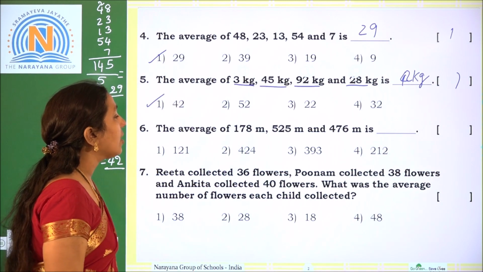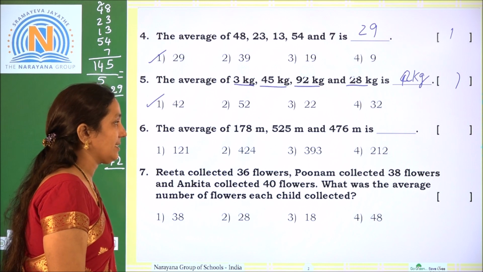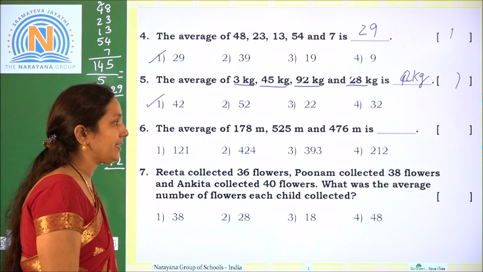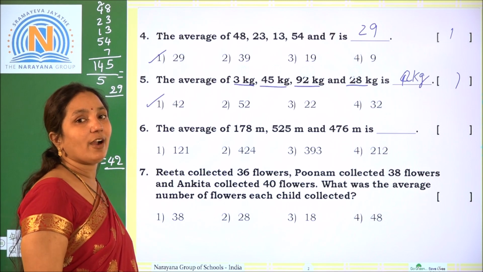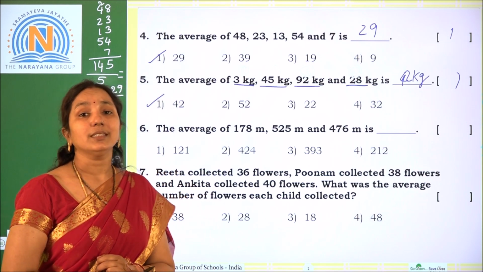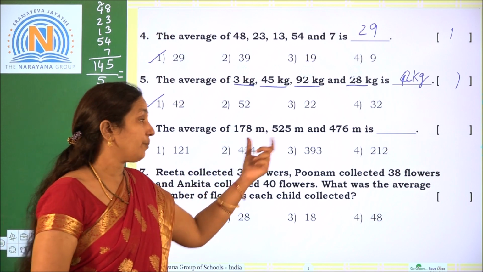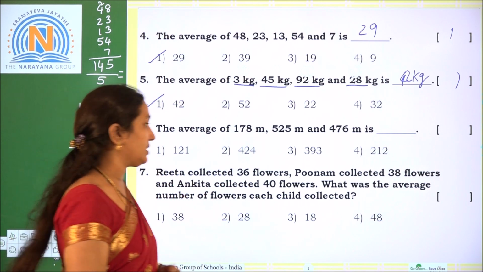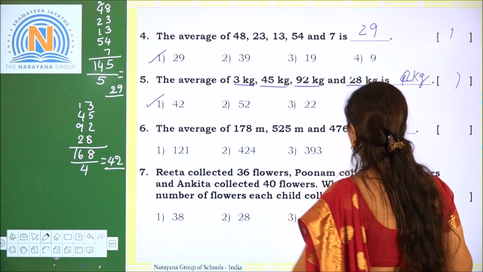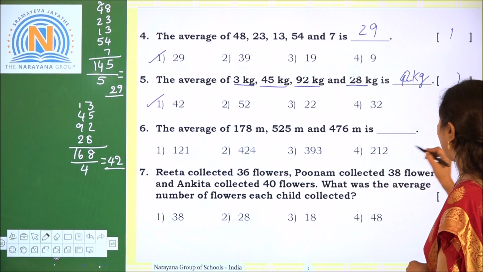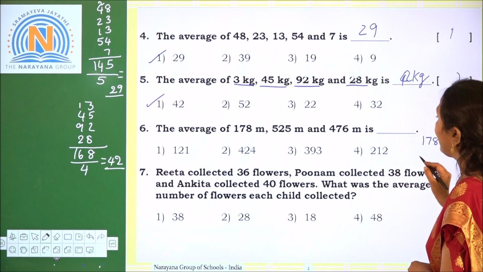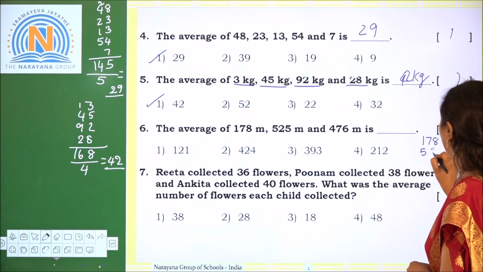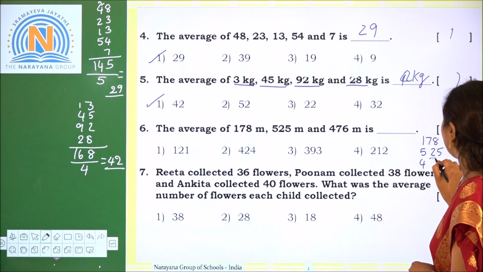The average of 178 meters, 525 meters and 476 meters. So again what we have to do? We have to do the sum of the given objects by number of objects. So objects or sums or whatever it may be, quantities are 178, 525 and 476.